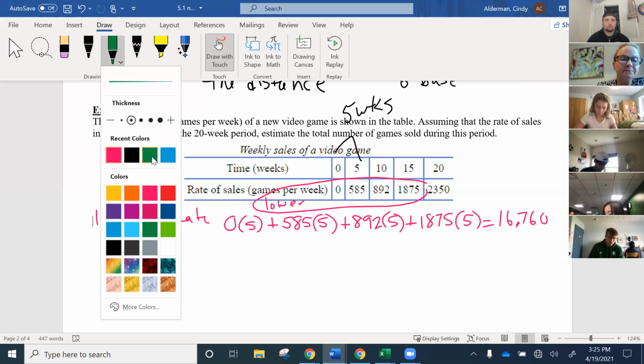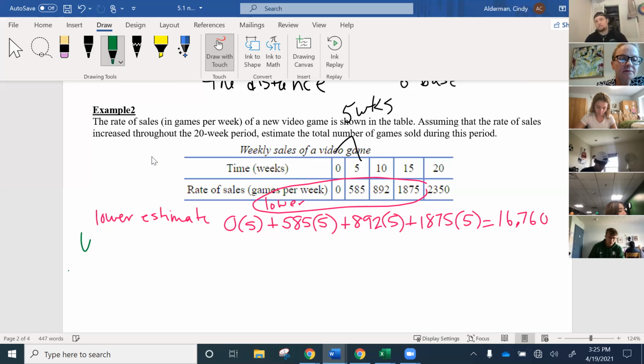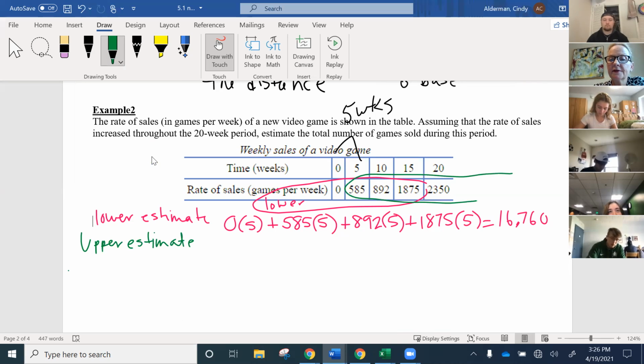The upper estimate will be these numbers here. We don't take the first number. So what do you guys think? What are we going to do? What's the first rate that we're interested in? We know it's after 5 weeks. The 585. Yeah, very good.